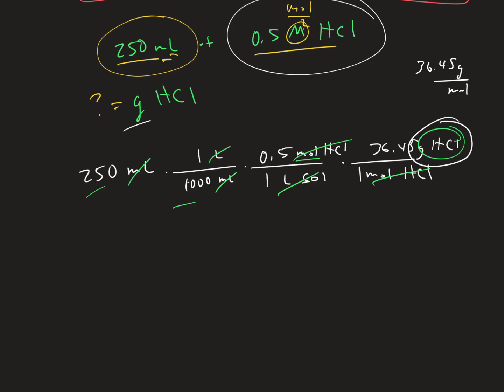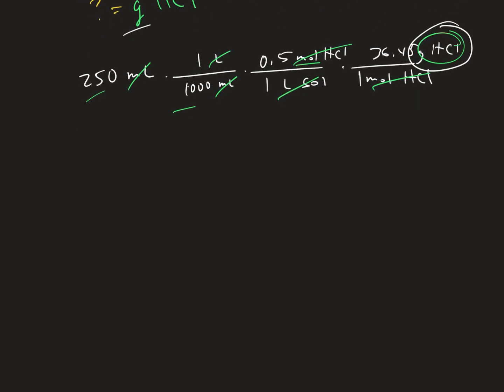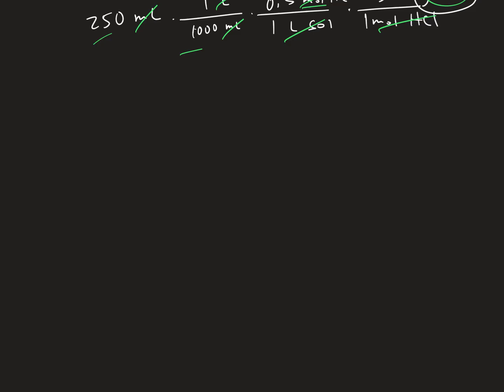So let's, on section 2 on our worksheet, do the very last one on the right side, the third one down on the right side. Let's read the instructions first. It says calculate the concentration of the following aqueous solutions in molarity.